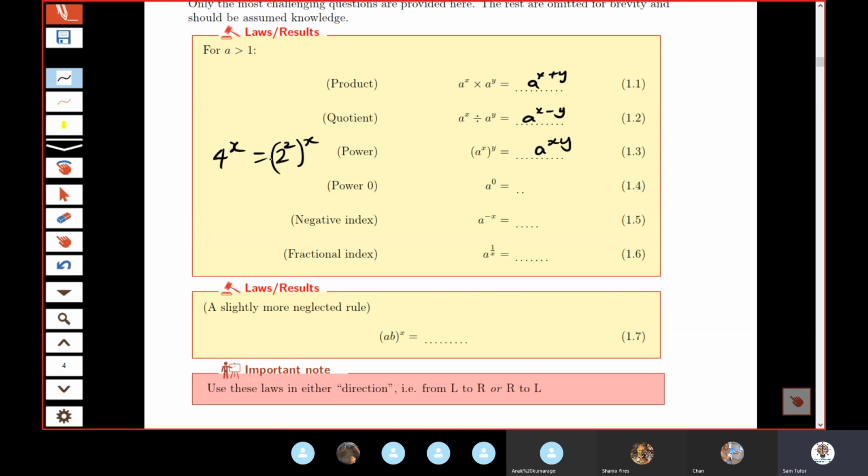So I could write 4 to the x as 2 squared to the x. And then I could write this again as 2 times x, 2x. Or I could even rearrange these two and write this as 2 to the x, all squared. See how they're all literally the same thing. So you've got to learn to be able to go from the right-hand side to the left-hand side. It's an important skill.